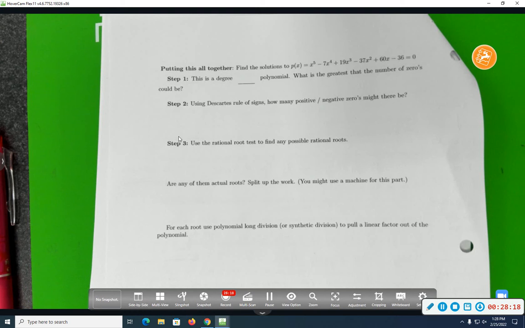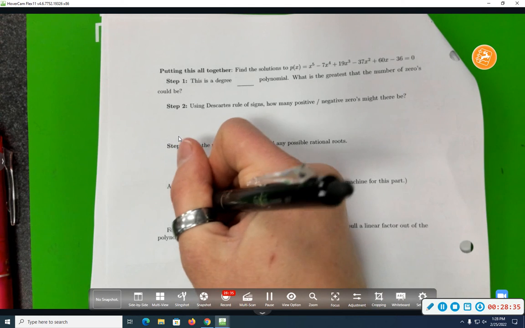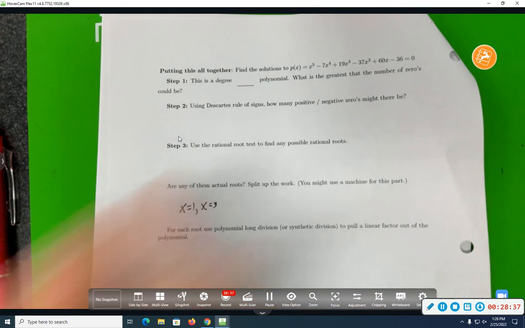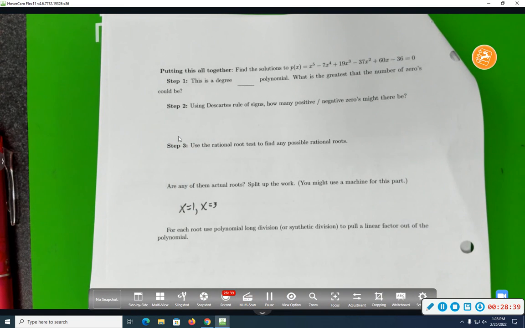Then let's come together a little bit and state that result. Which of the possible rational roots are actually rational roots? 1 and 3. Does that agree? Cool.